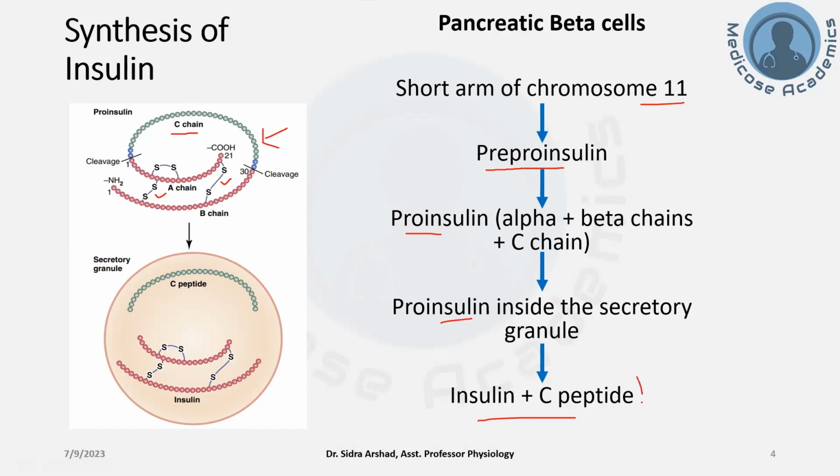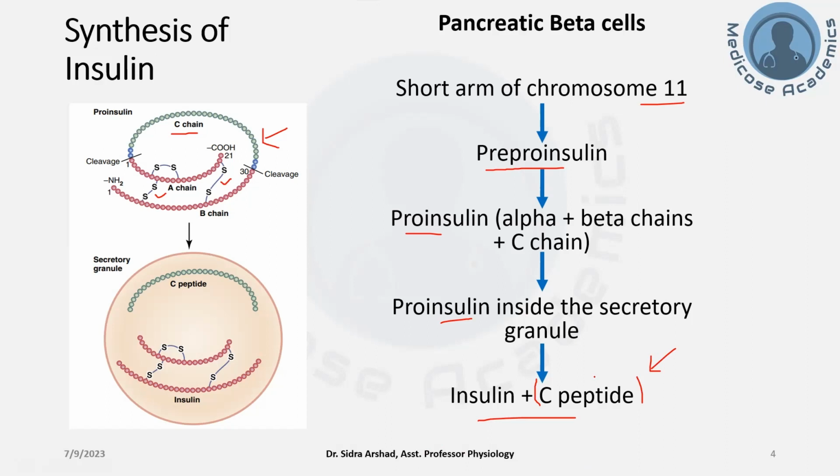The importance of C peptide lies in the fact that in persons with diabetes mellitus who are taking exogenous insulin, the level of C peptide can be measured to see how much endogenous insulin is being produced, because insulin, once it is synthesized in the beta cells, is released along with the C peptide.